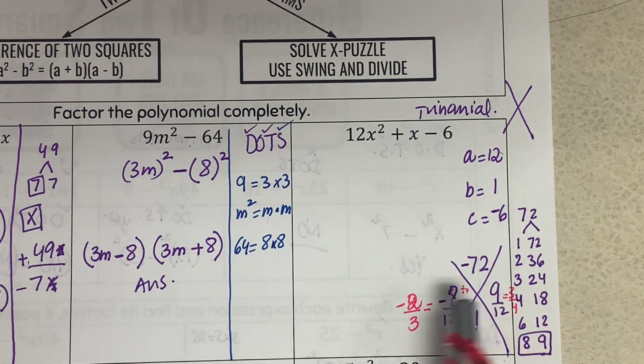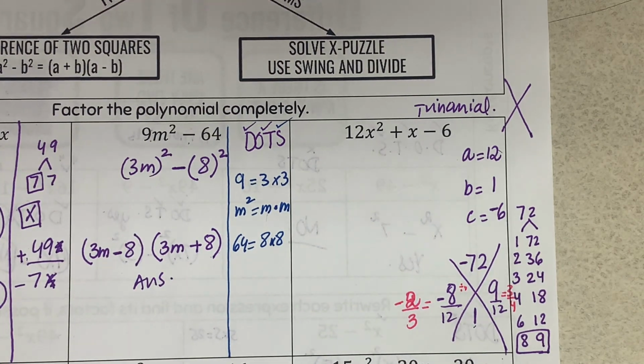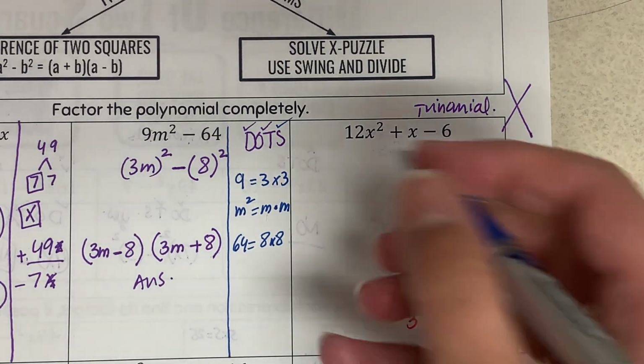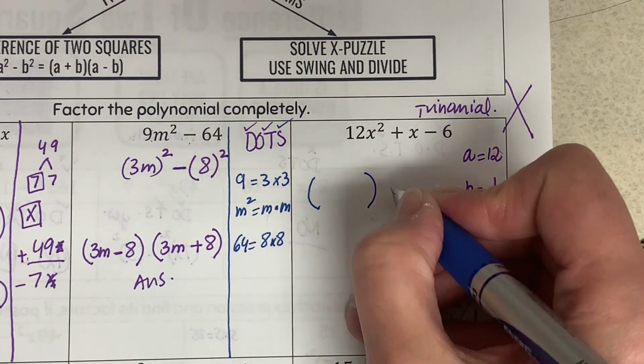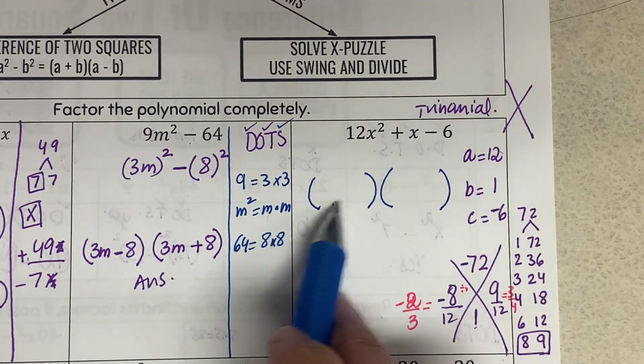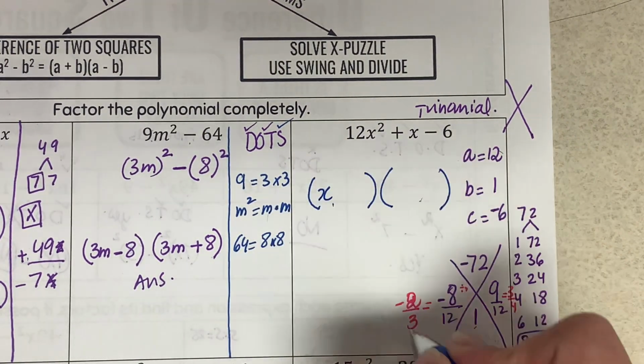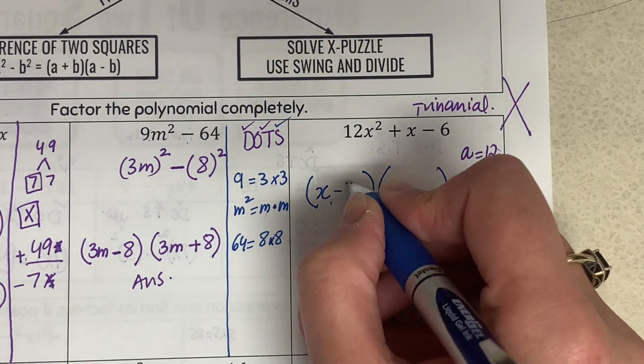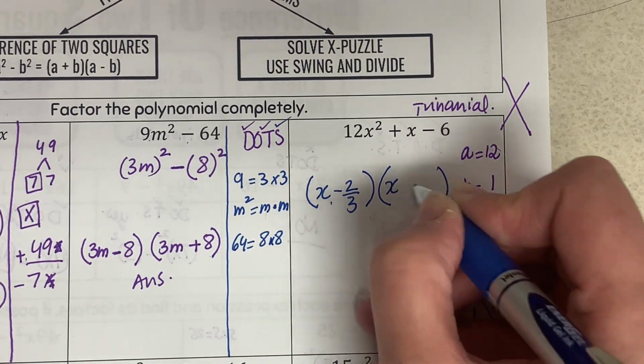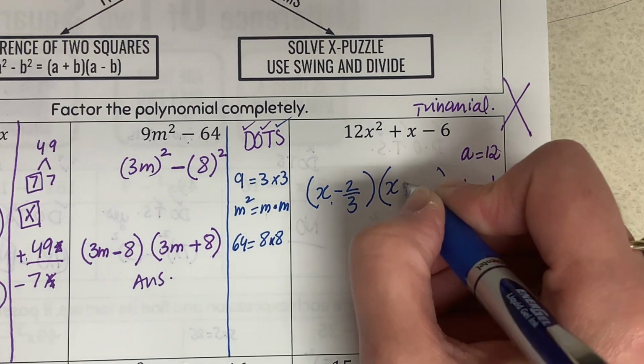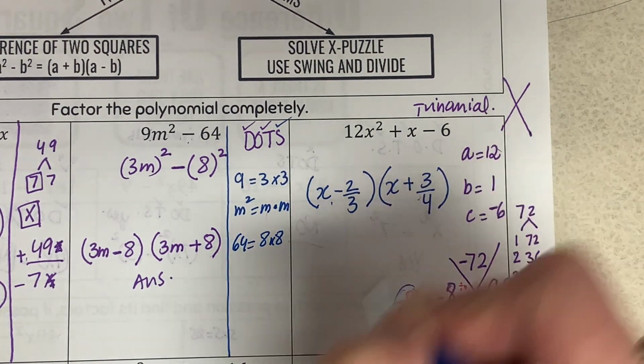So these are my two final numbers that I need. You take those two final numbers and you put them as pairs. It should be x minus 2/3 and then x plus 3/4.